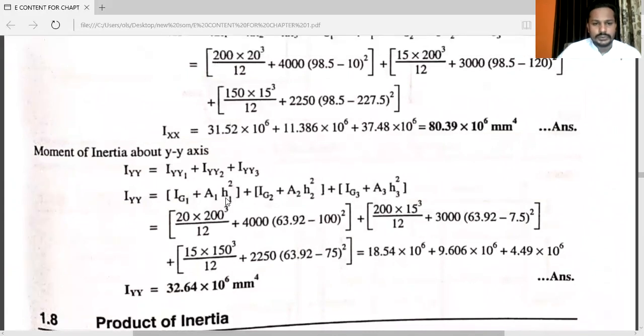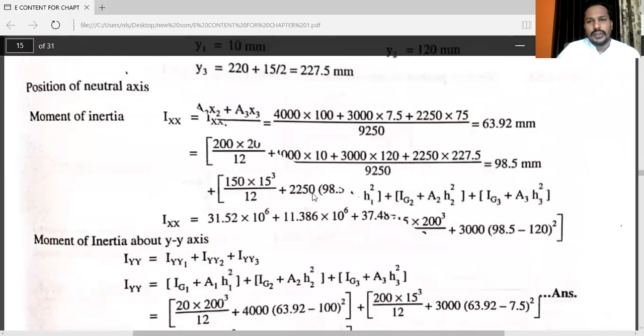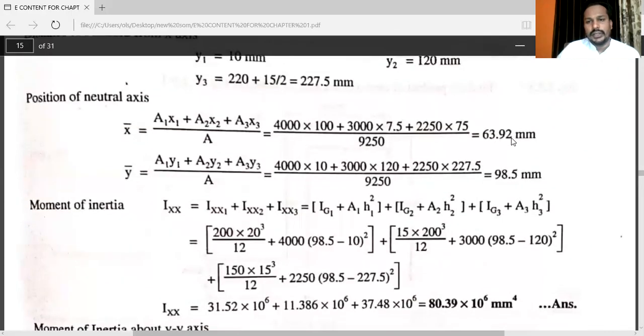See, while calculating Iyy, you have to take H1 as a difference between X bar and X1. While calculating H2, difference between X bar and X2. While calculating H3, difference between X bar and X3. So here just see the value of X bar, that is 63.92.